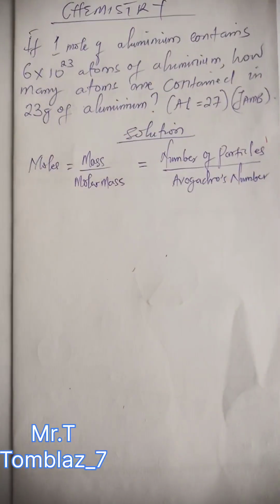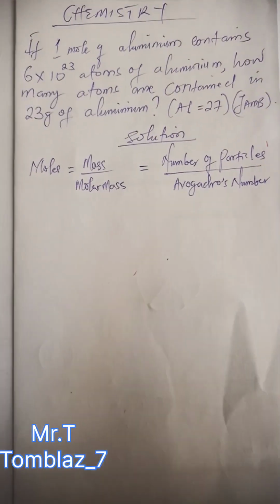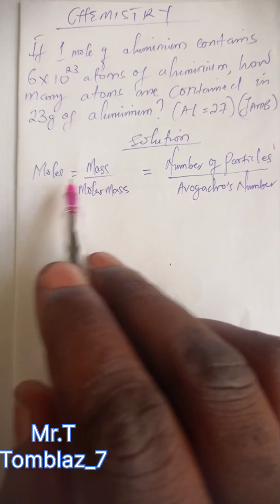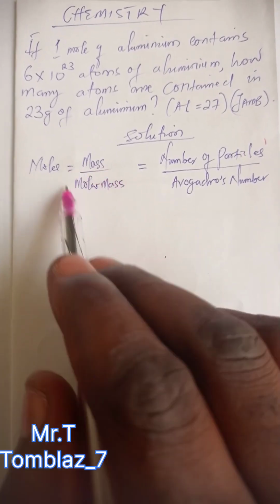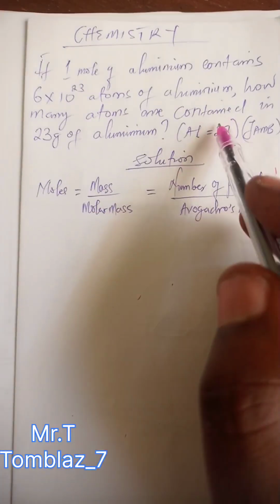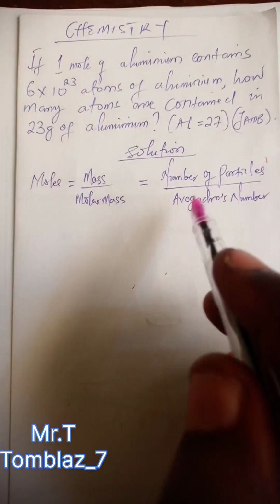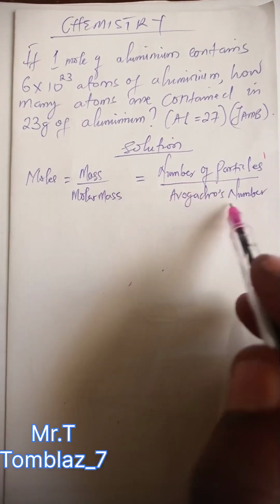Okay, so now what it means is, if the mass of a substance is given and we get the molar mass, which in this case is 27, then we can impute the Avogadro's number and then find the number of particles.